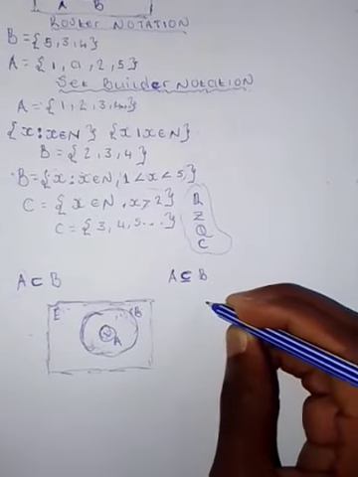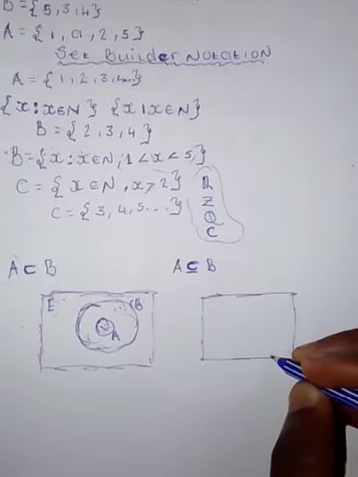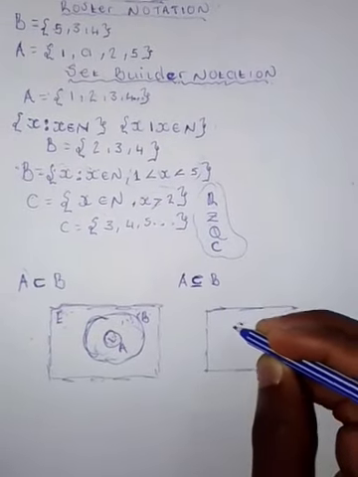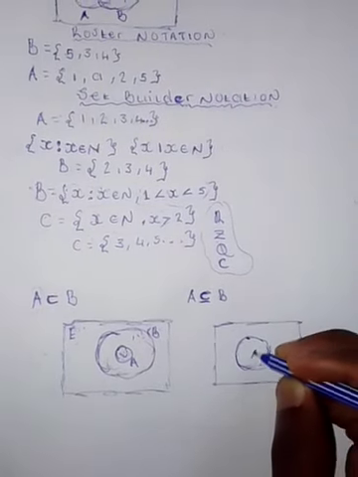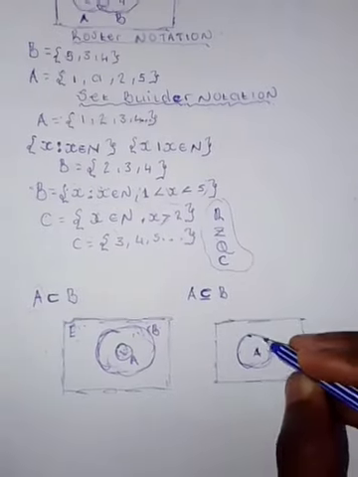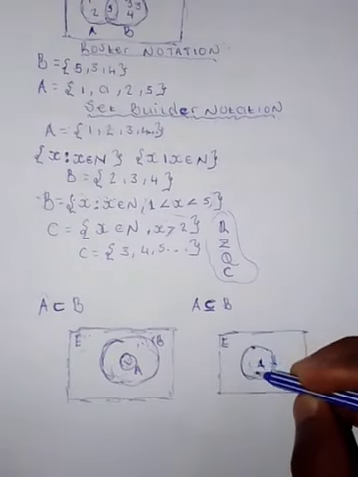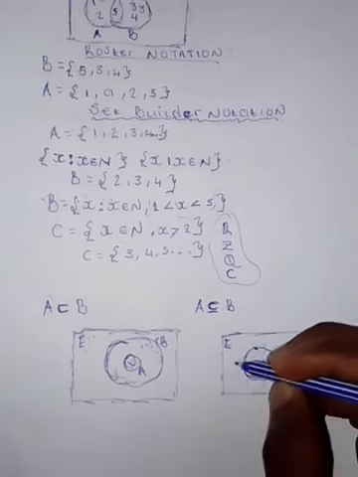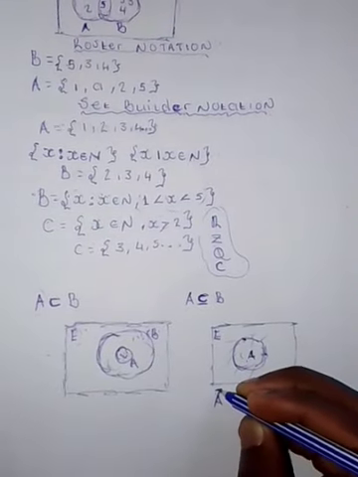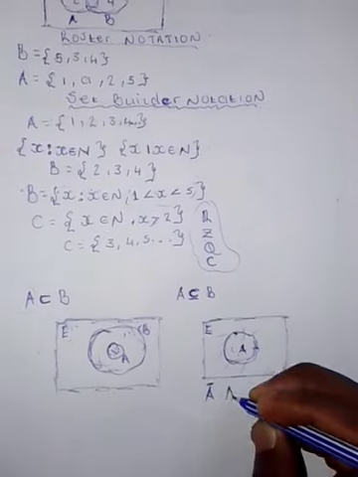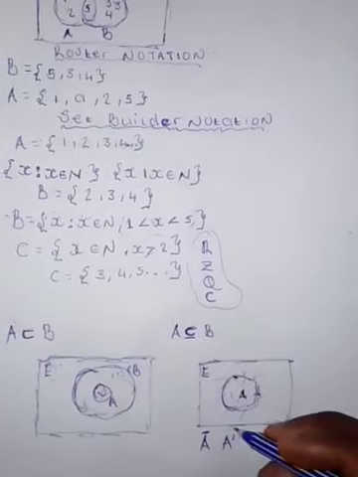let's say we have a Venn diagram. Okay, so maybe let's say this is set A. When we say the complement of set A, the complement of set A is simply the elements that are not in set A, and it can be represented by this sign, by just putting a straight line above it, or by showing this symbol, the complement symbol.